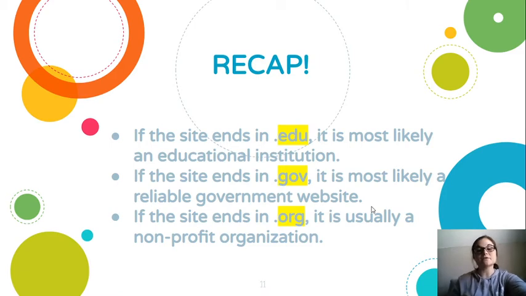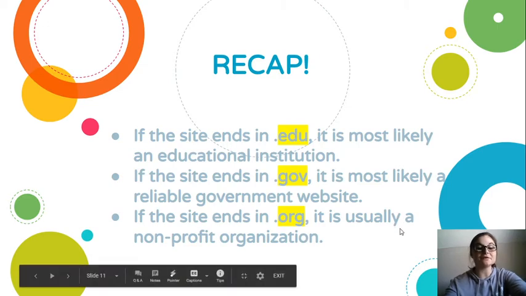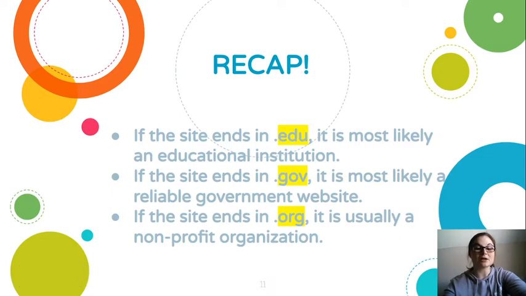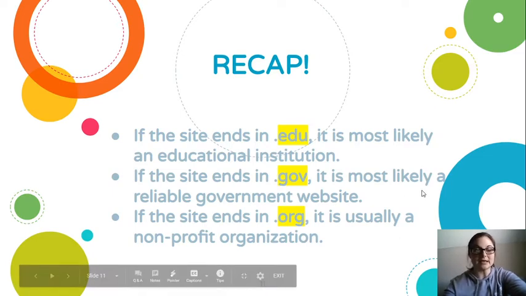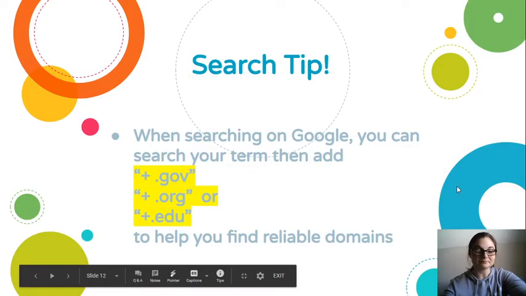So for example, if you wanted to look up One of a Kind Pets that's right down the road from the school, I don't actually know if their website ends in .org, but One of a Kind Pets is a nonprofit organization, so they typically are honest with their information, and you can use that in your research paper.